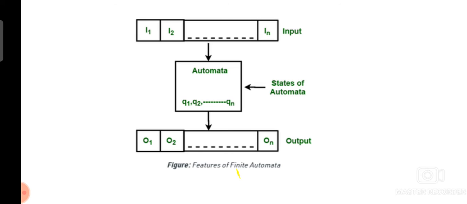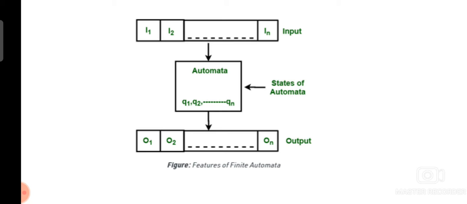Now we can see the basic structure of the finite automata. The automata is a system, a finite control machine, which will perform its operation by using different states of operation. The states are called Q1, Q2 up to Qn, n number of states, and there will be the input memory.